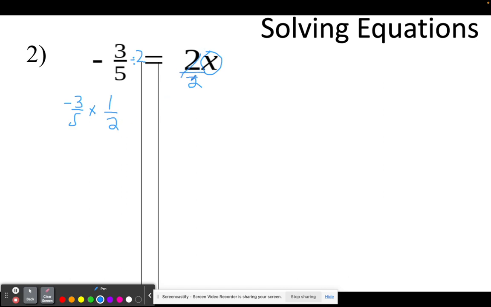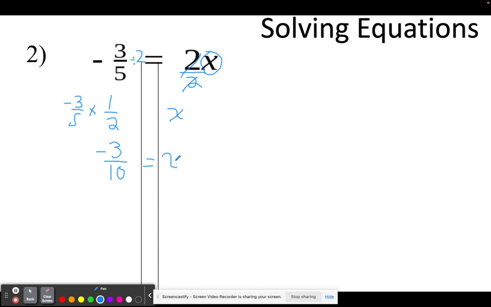I'm left with just x over here. Simplify before you multiply. There's really nothing I can simplify. A negative times a positive will give me a negative 3. 5 times 2 is 10. So x equals negative 3/10.